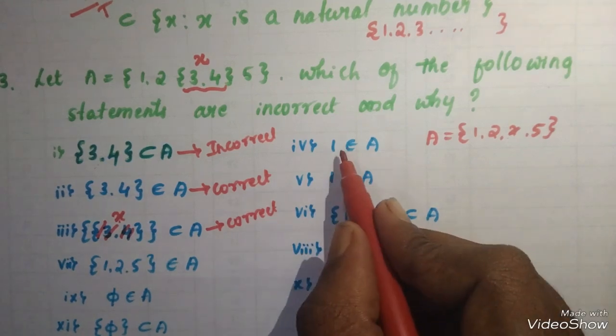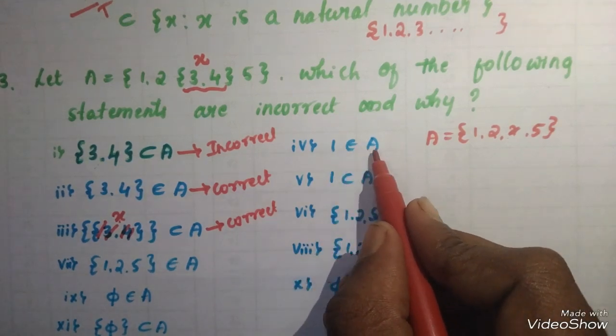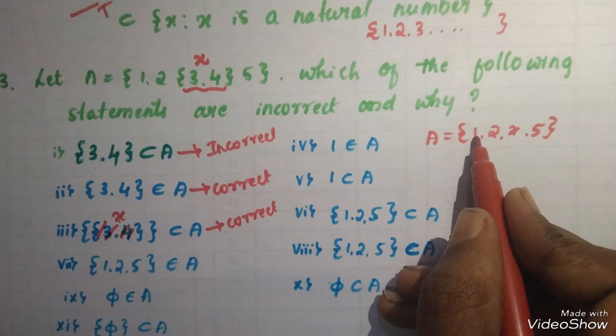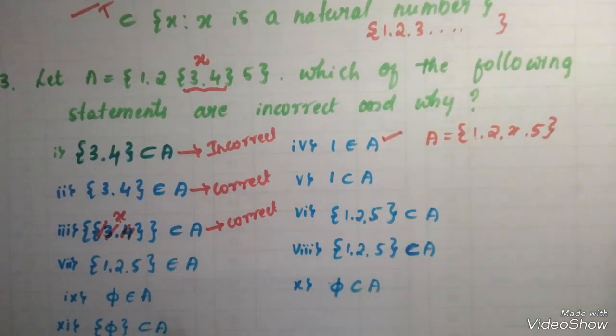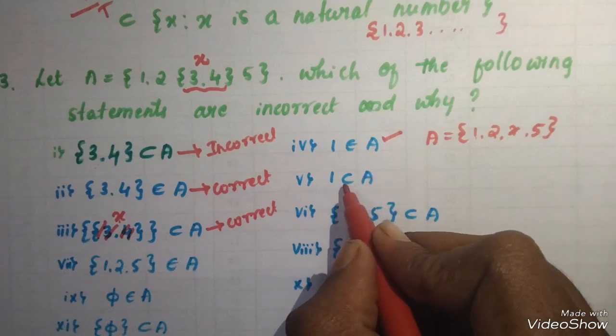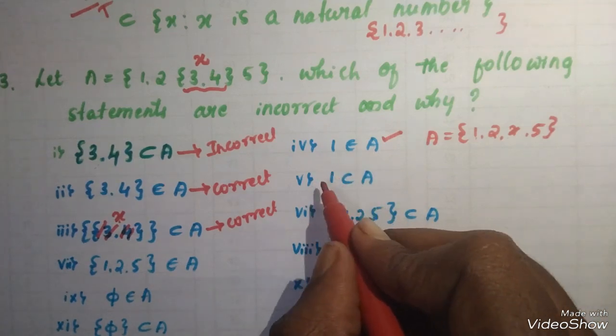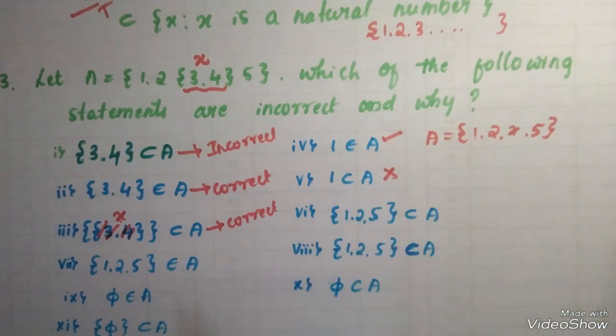Then here the element 1 belongs to set A. It is a correct statement. 1 is not a subset, it is an element, therefore it is not an incorrect statement.